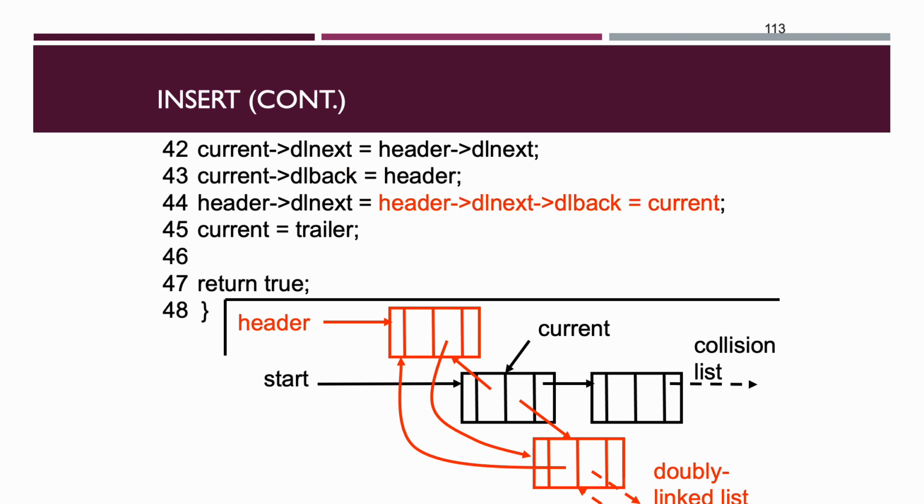Now the third one here, we are doing header pointing to DL next pointing to DL back equal to current. So this is what this one is doing. Now the header pointing to DL next is the current one, so everything is now equal to the current.